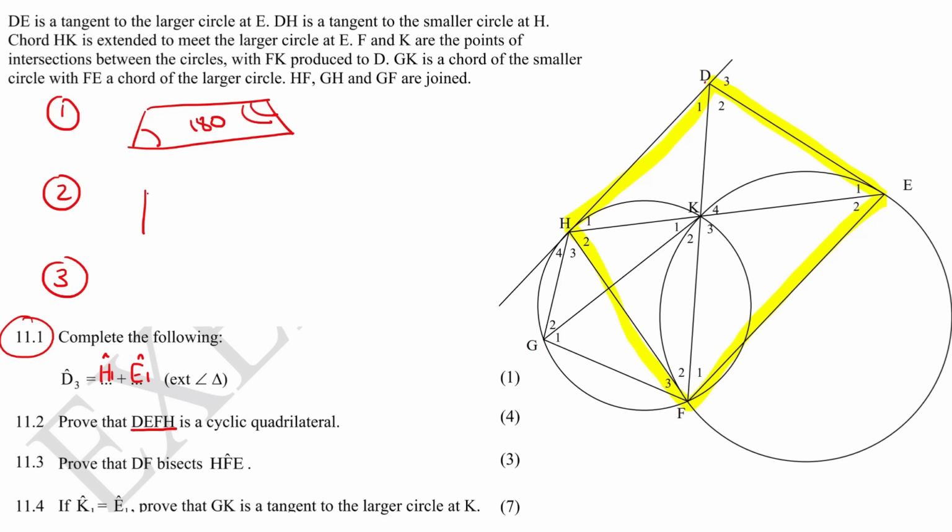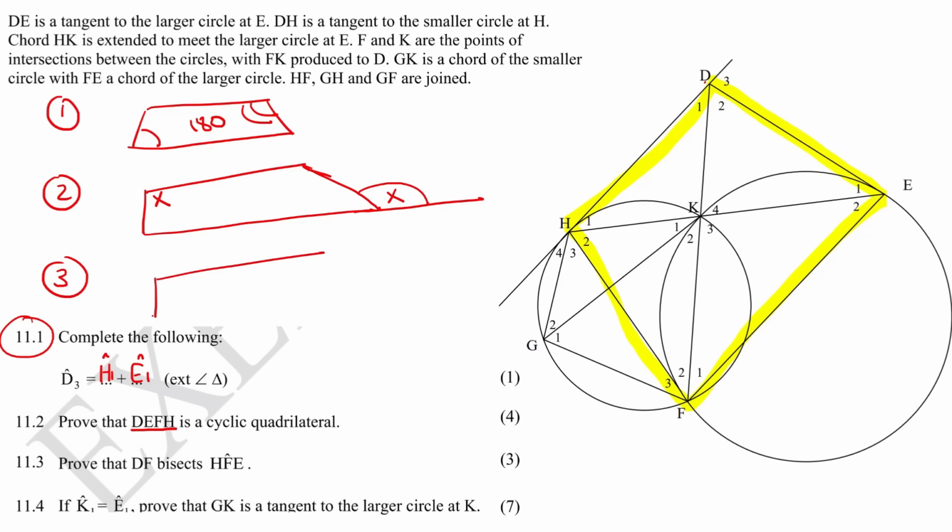Number 2, if you have something like that, and you've got an exterior angle, and that exterior angle is the same as the opposite interior angle, then it's a cyclic quad. And then lastly, if you have a four-sided shape and you've got something like this, a bow tie, if you can prove that those two angles are the same, for example, then it's also a cyclic quad.